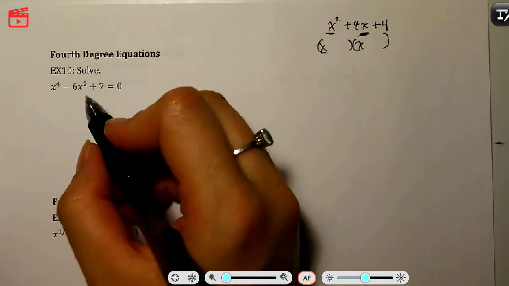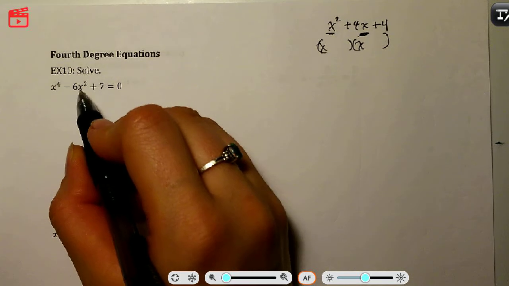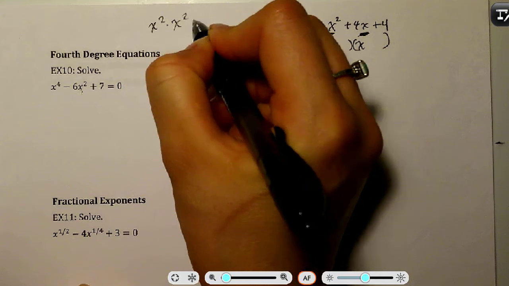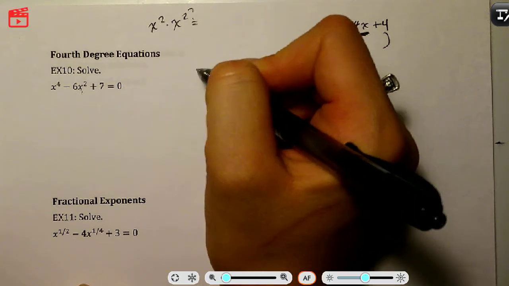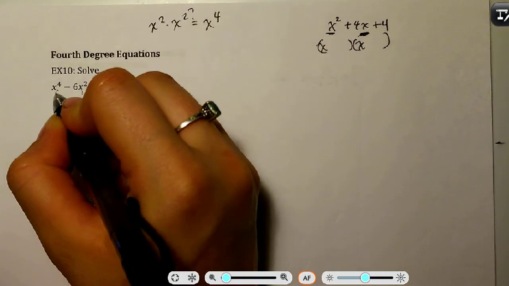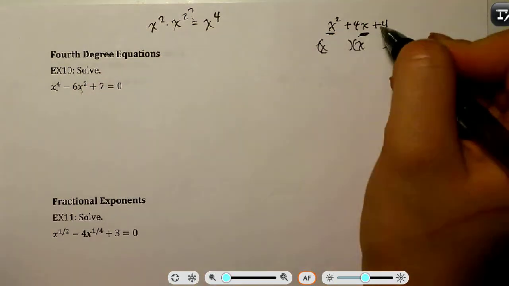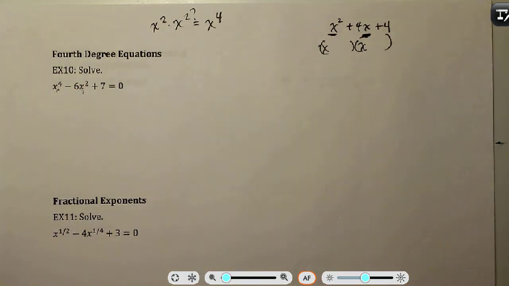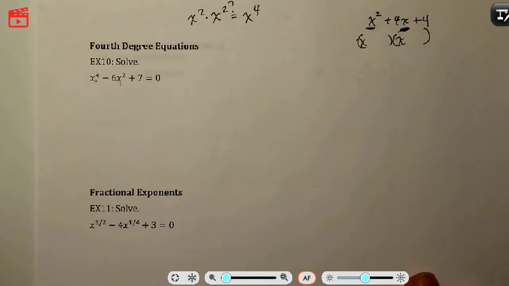Now if you notice here, a similar thing is happening. If I took x squared and times it to itself, what would I get? I would get x to the 4th power, which is what I have right here. So a similar thing is happening with this problem as well. So let's go ahead and factor it like that.